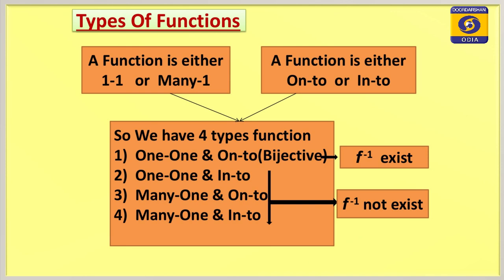But the first one is the important one, that is the bijective function. In that case, f inverse exists, but in other cases f inverse does not exist, because in an inverse function the sets change their position, left set and right set exchange their position. So, in other cases there will be only a relation, there will not be a function.